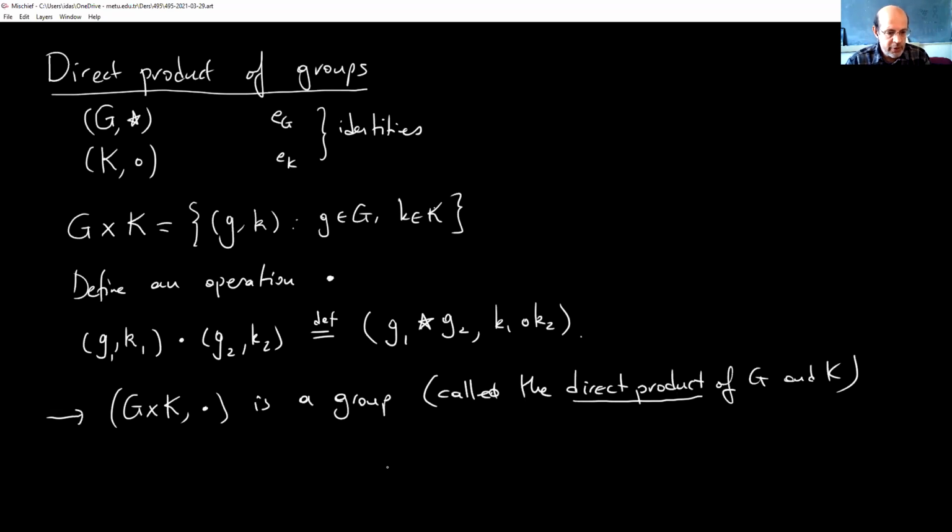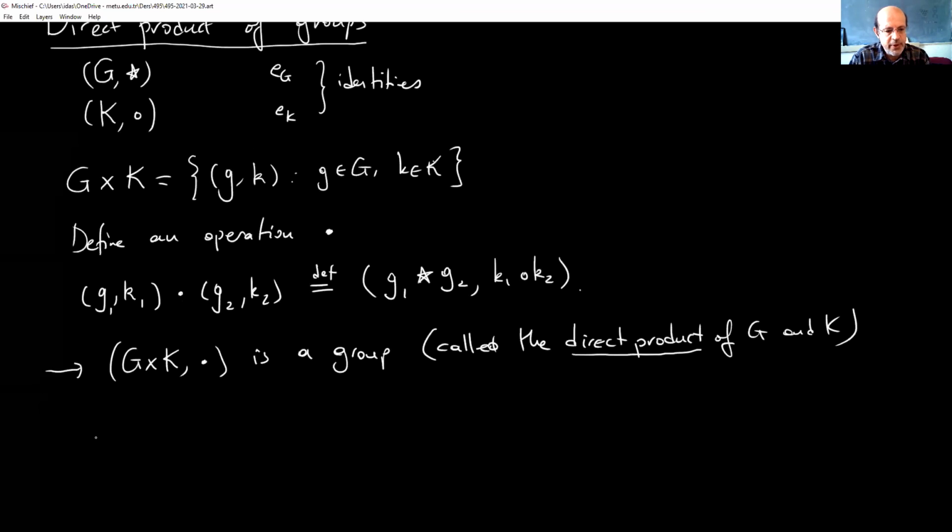So we don't define this, but the direct product is important because it simplifies the analysis of the structure of some of the groups. So you can easily see that, for example, this element is the identity. This is quite easy to see.